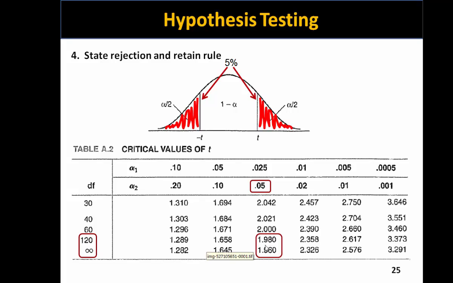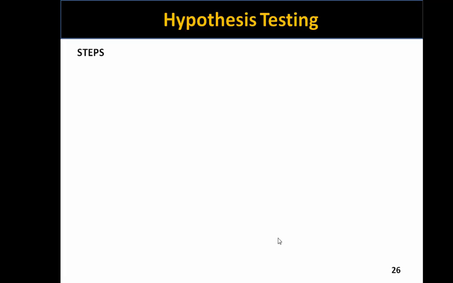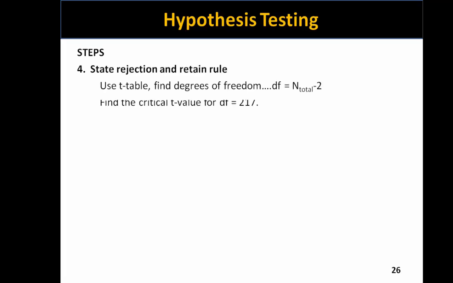We find the critical t-value for infinity is 1.96, as we explored in a previous lecture. And the value of 1.96 at the degrees of freedom of infinity is no different than that for the normal distribution. And so what we're left to do here is to state that rejection and retain rule.